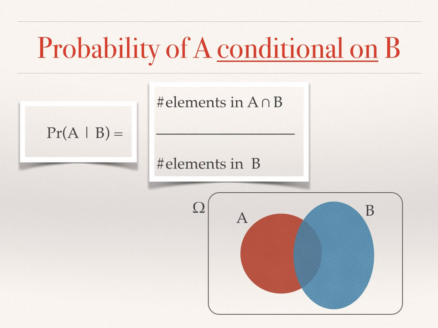Now what we're interested in is the probability that something falls within the red set A, conditional on B. So our focus is going to be on B, no longer the big set Omega. I draw a thick black line around the set B, because that's the condition we're interested in.